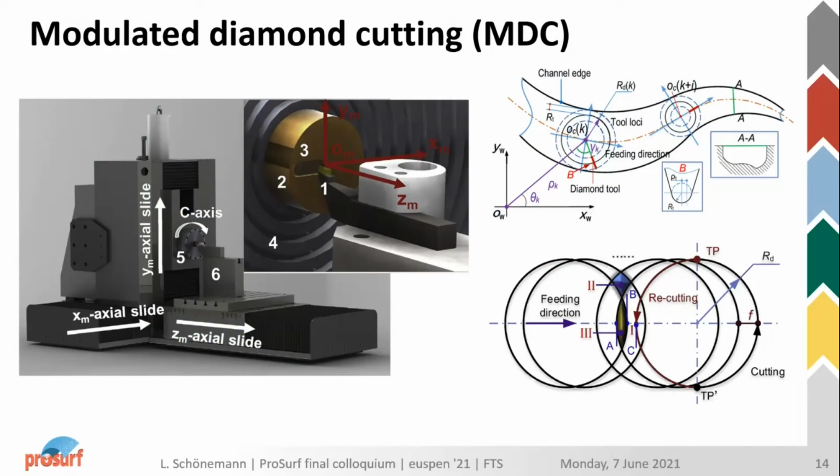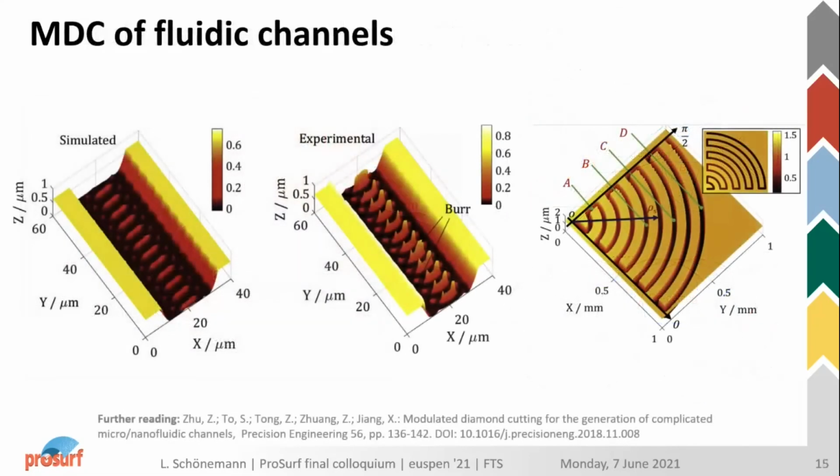So the rotational center is constantly moved, so that you can, on any point of your workpiece, generate some kind of a milling motion with your diamond tool, and then generate channel structures, for example, with a structure on top that provides some kind of functionality, such as hydrophobic behavior and so on.